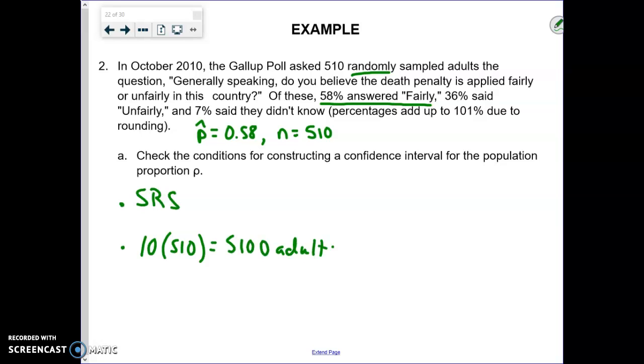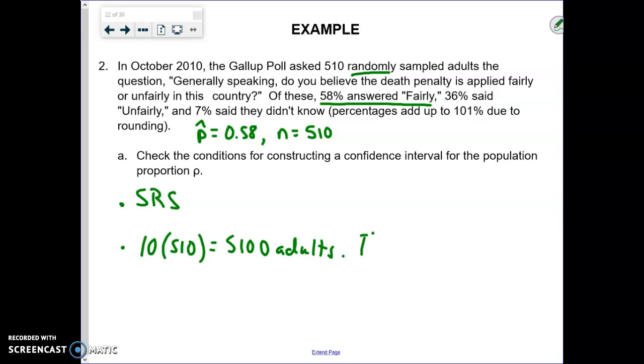Now, again, this doesn't say if they polled people in a town, in a state, in the country, but I'm assuming that the population they sampled from has more than 5,100 adults. So we're going to make that assumption.